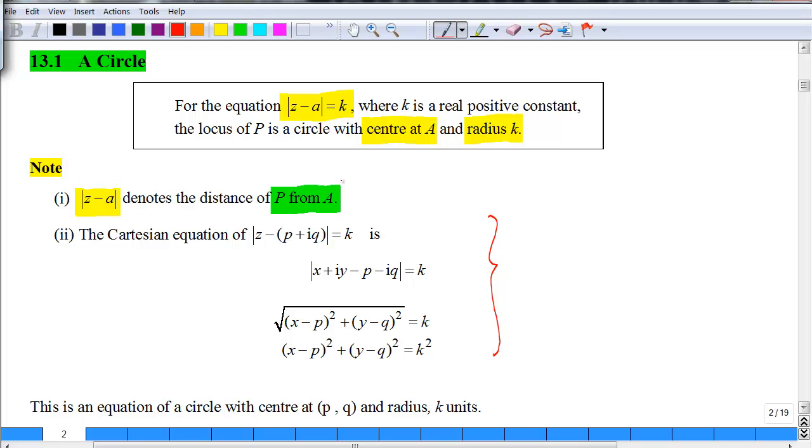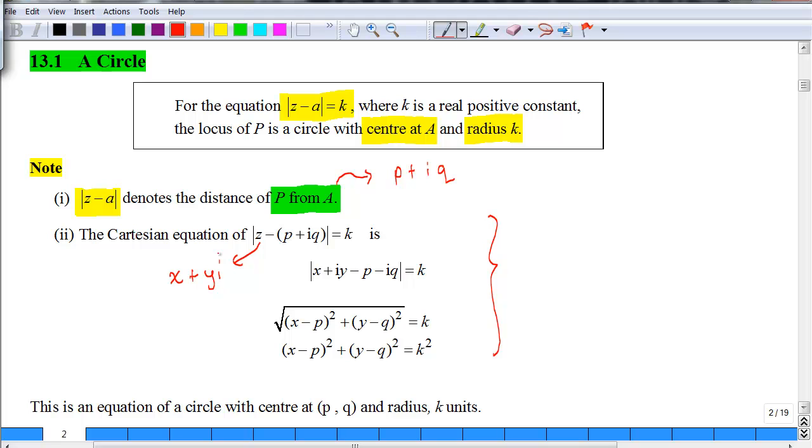Your fixed complex number a can be represented by p plus iq, and your variable complex number z can be represented by x plus yi.